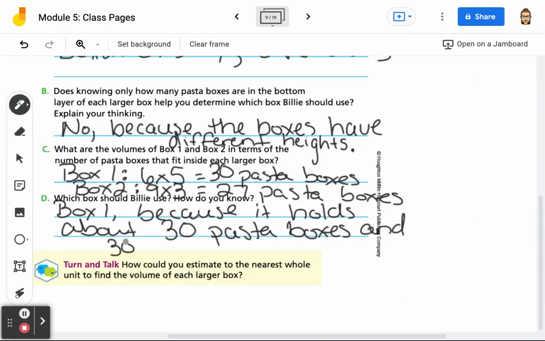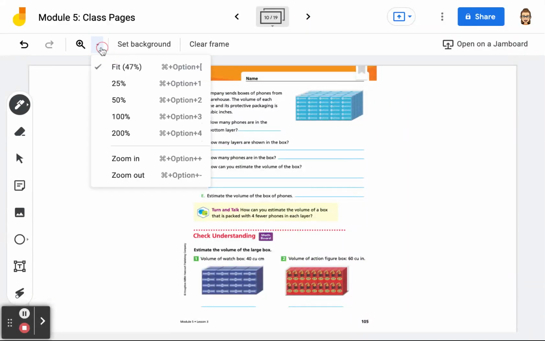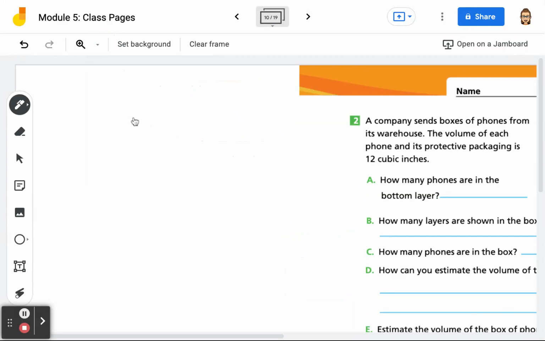And 30 is greater than 29. Then we're ready to go on to the next page.